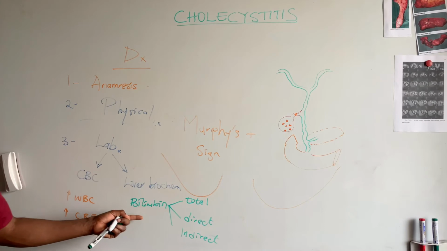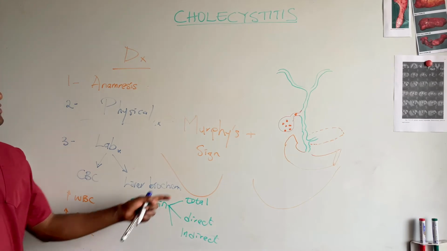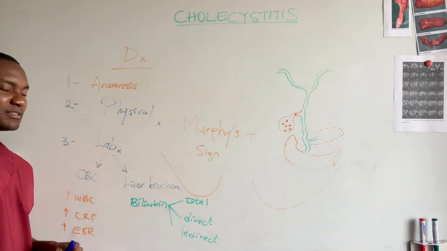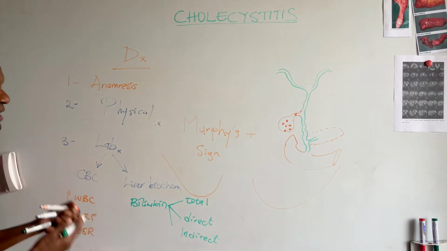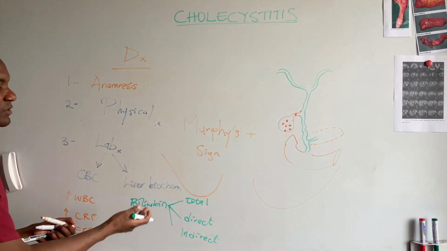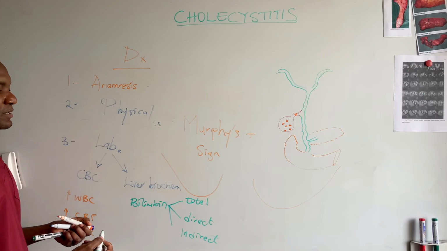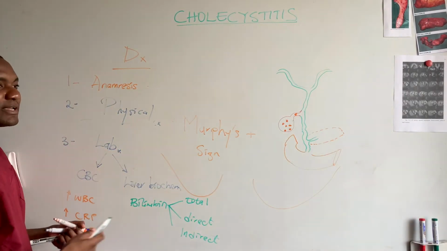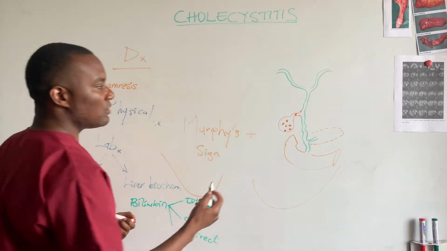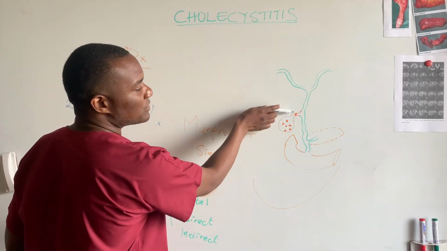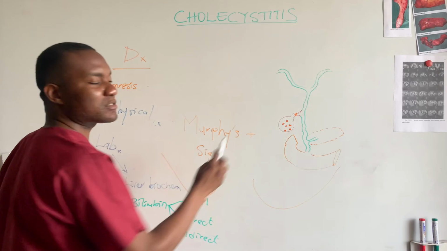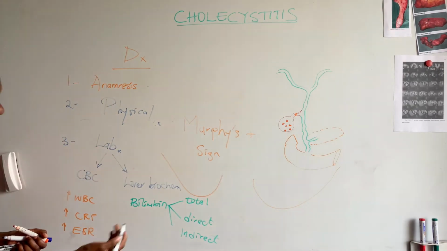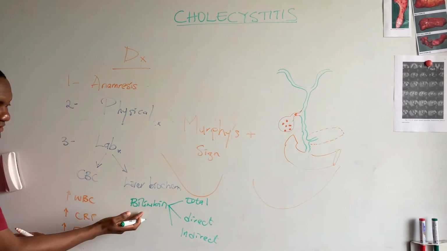Although an increase in bilirubin is not typically characteristic of cholecystitis, sometimes you may see an increase of bilirubin. And when you see it, you can predict or assume that probably this stone is not just in the cystic duct, maybe it's somewhere else. So you have to look at the patient's bilirubin.